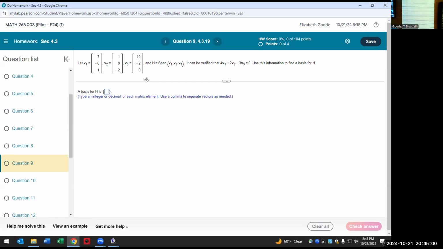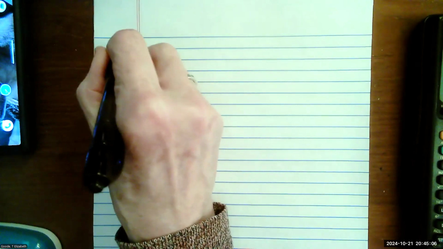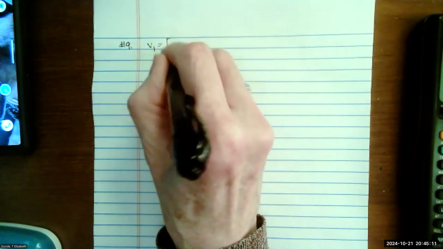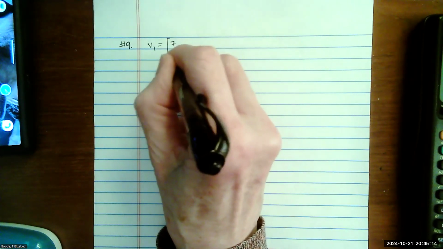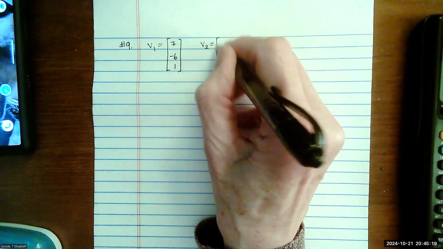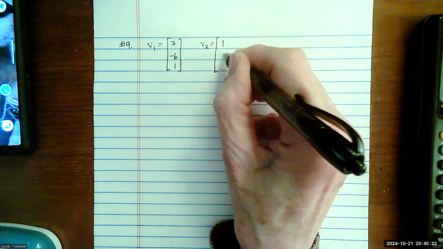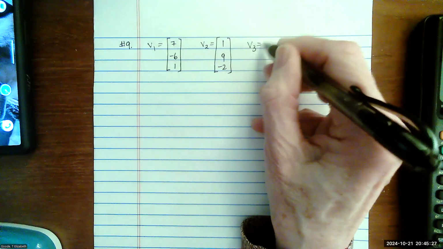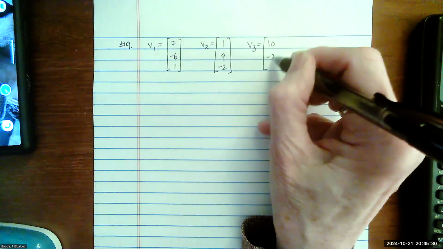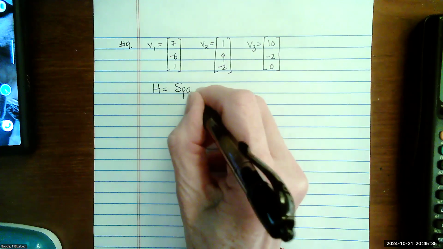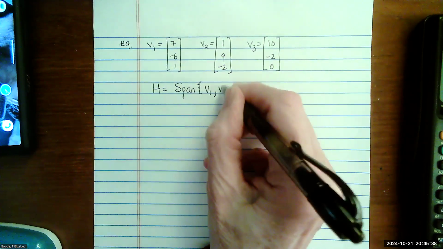So you may have different vectors, but yours is probably similar. V1 is 7, negative 6, 1. V2 is 1, 9, negative 2. V3 is 10, negative 2, 0. And we are told that H is the set of all linear combinations of those three vectors.